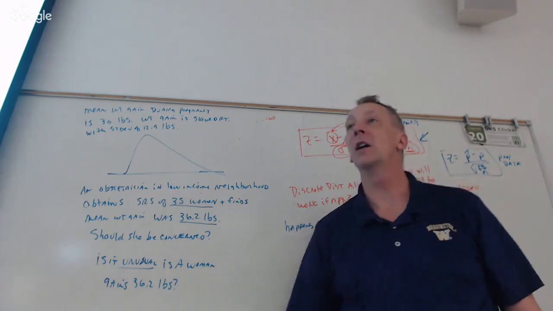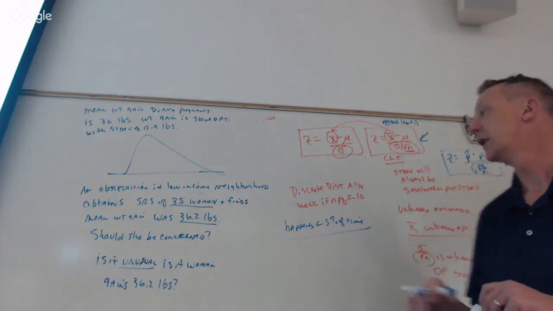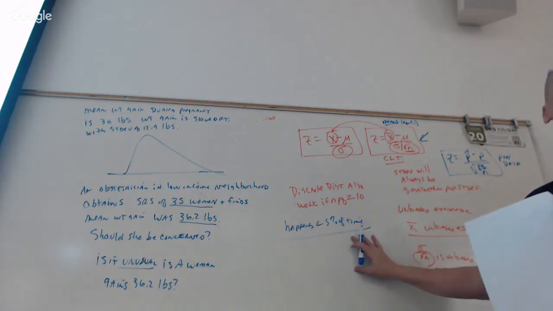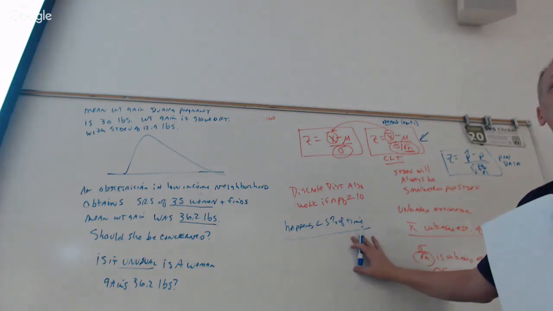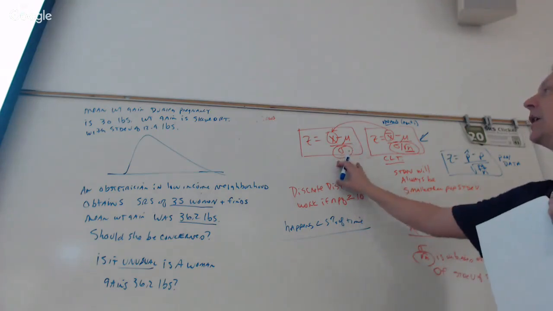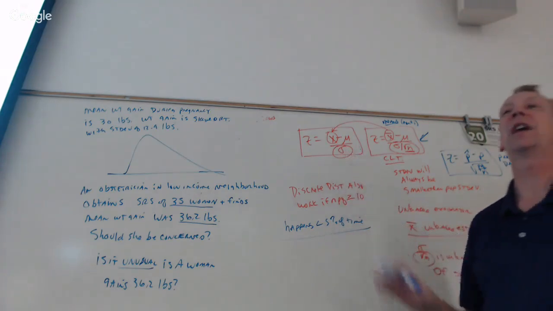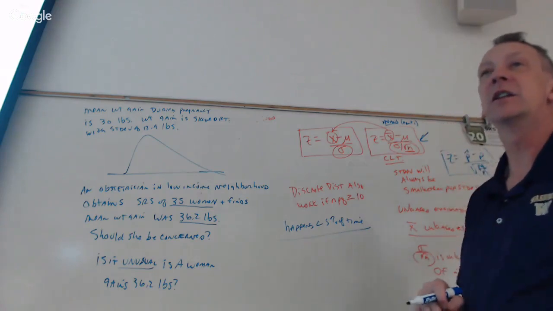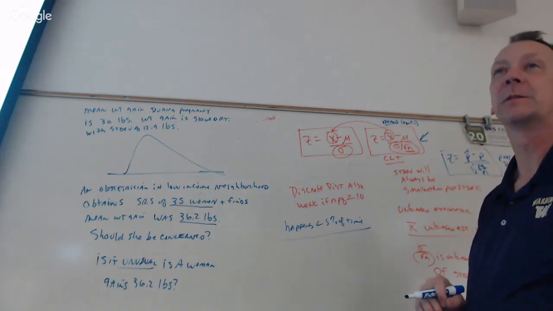Okay, that'll be our rule. If it happens less than 5% of the time, we're going to say that that's unusual. Okay, so Brenda, how would I figure out if it was unusual if a single woman gained 36.2 pounds during pregnancy?